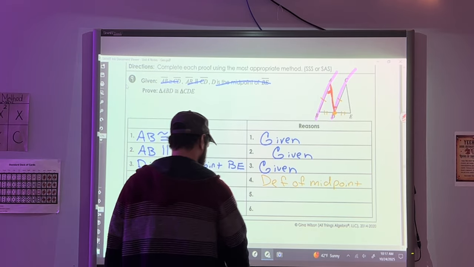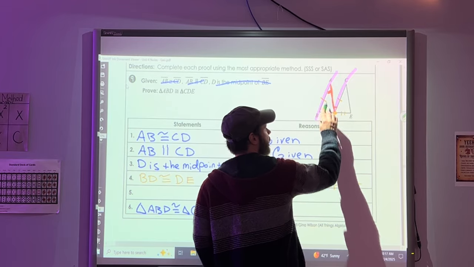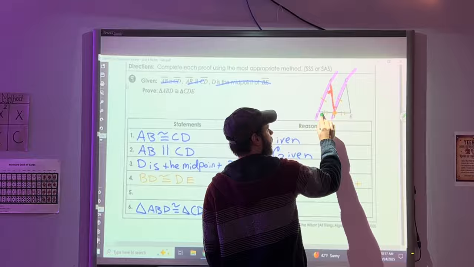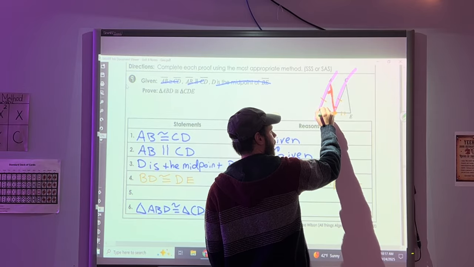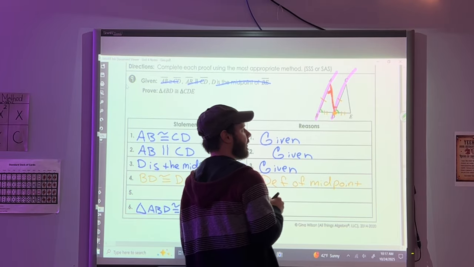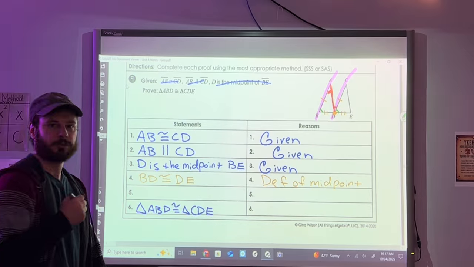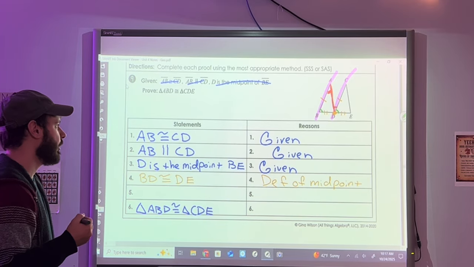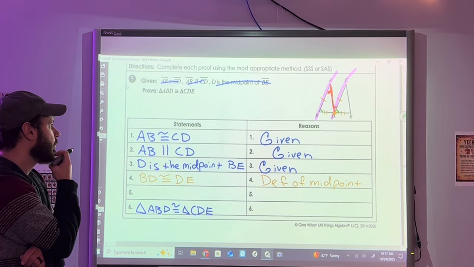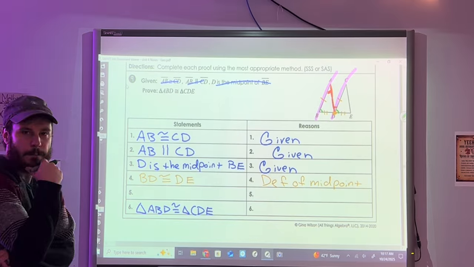Okay. There's another angle here, other than that one, there's this angle here, and that one there. Those match. Okay, those are going to be congruent. What's the relationship though? It looks like they're in the same spot.